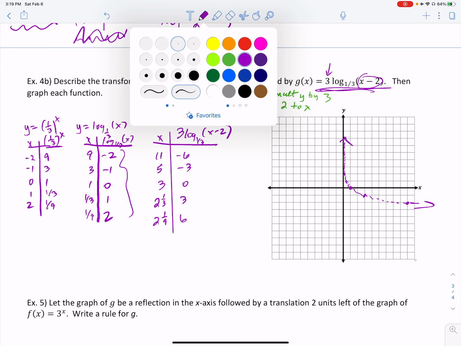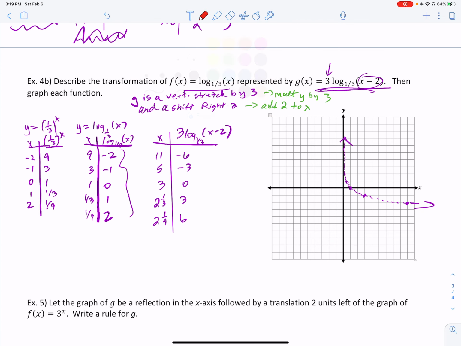And so on the graph of G, at 11, I would be at -6. Should be out here. And then at 5, I'm at -3. At 3, I'm at 0. And at 2 and 1/3, I'm at 3.